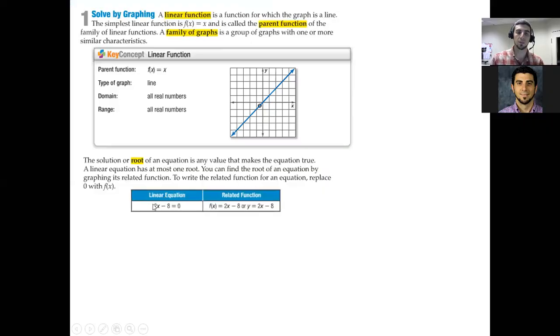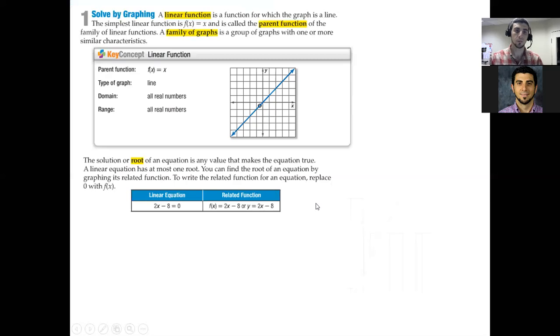A linear equation might be 2x minus 8 equals 0. It's where you have 0 on the right side and your x and constant on the other side. If you replace the 0 with f of x, you get the related function. Now, to be a linear equation in this sense, you have to have it set equal to 0.